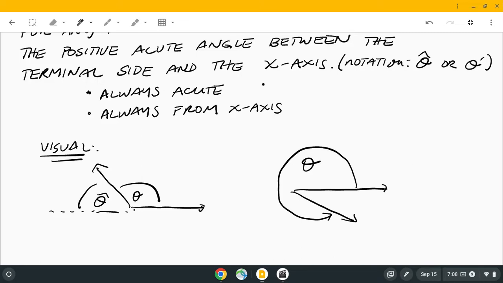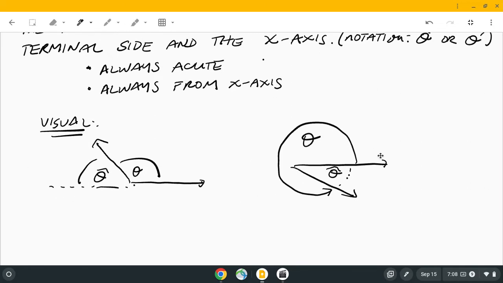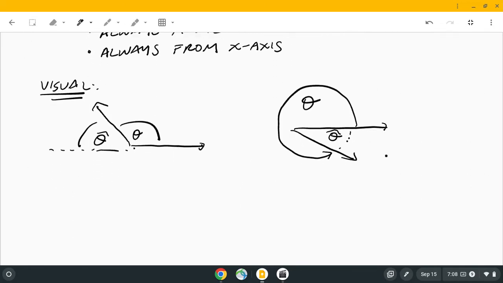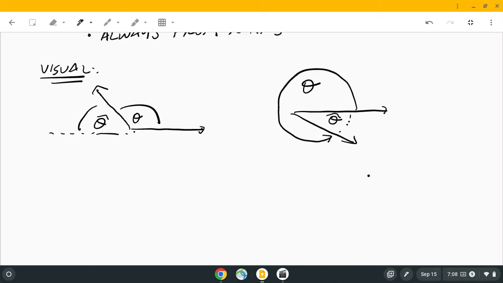Then theta prime or theta hat is this one right over here, this acute angle that is formed by the terminal side of the angle and the x-axis. Okay, so let's take a look at some actual concrete examples, with some actual numbers.